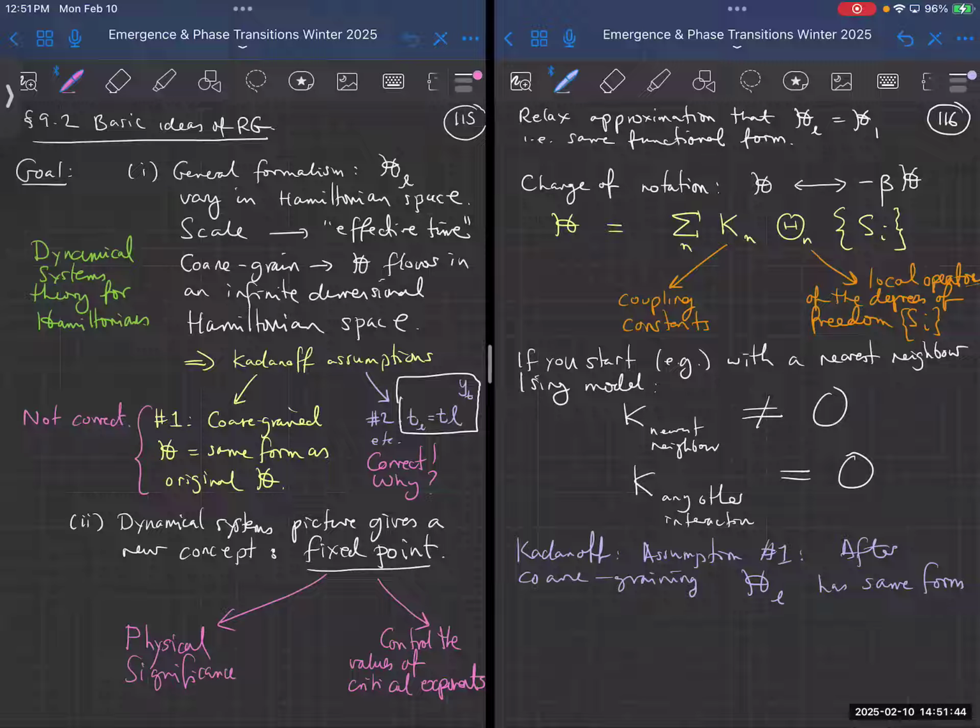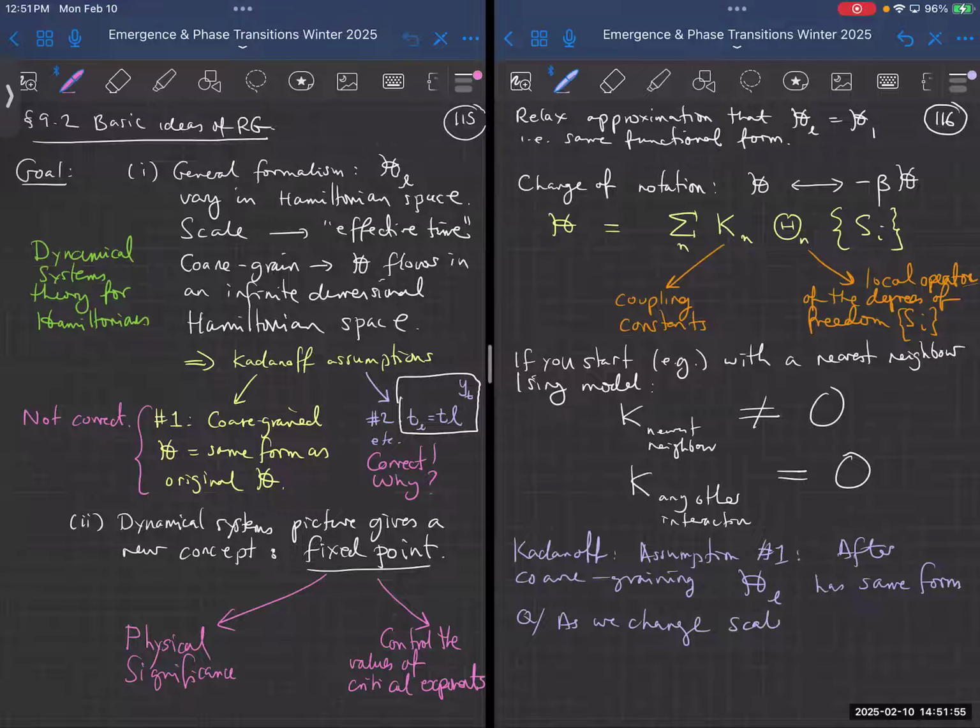So what we're going to say is the following: as we change scale, how do all the coupling constants change? You might have started off with just the nearest neighbor coupling constant being non-zero. But as I coarse grain, we're going to allow the possibility that you could have next nearest neighbor interactions, and next nearest neighbor interactions, and so on.